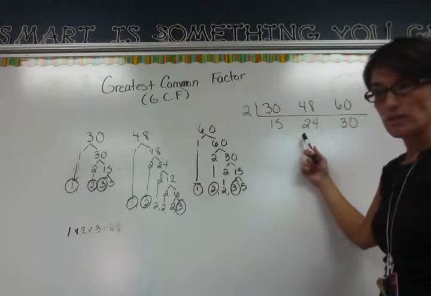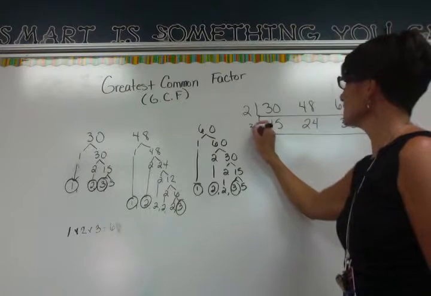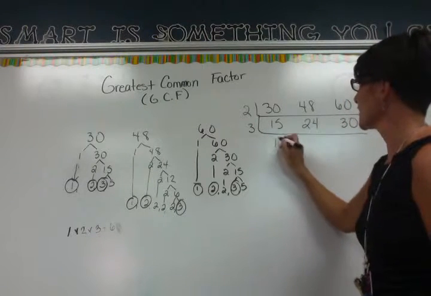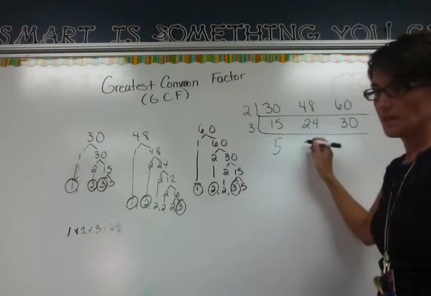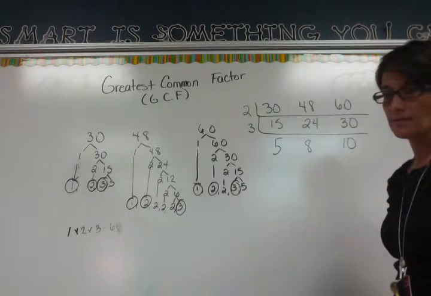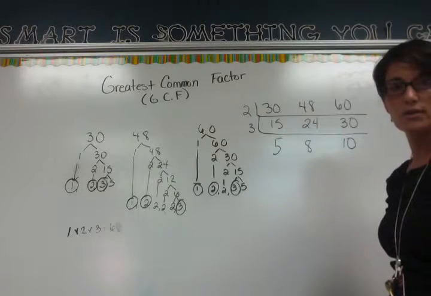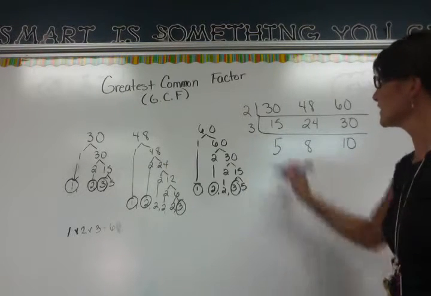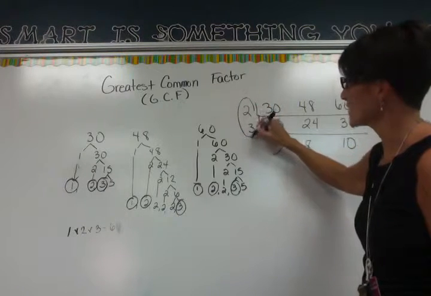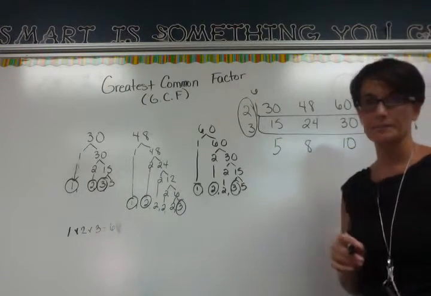And actually, 3 goes into all of them. So 3 times 5 is 15. 3 times 8 is 24. And 3 times 10 is 30. If I sit here and figure it out, nothing else really goes into all of these. So my greatest common factor would be 2 times 3, or 6.